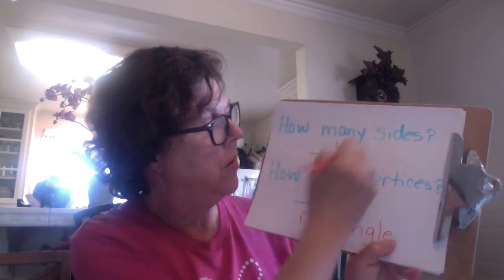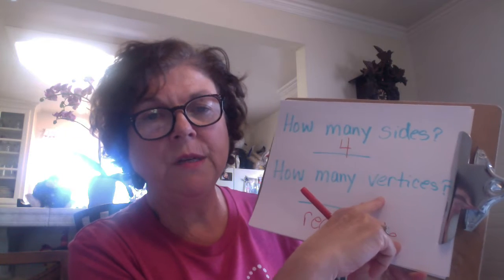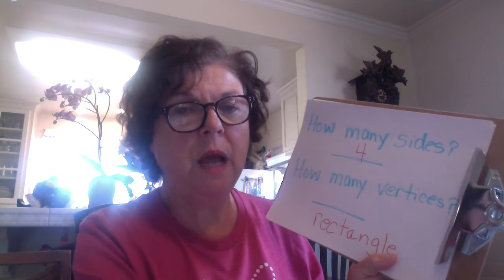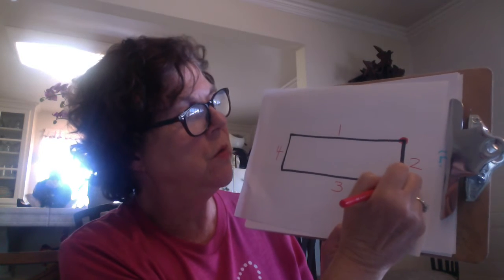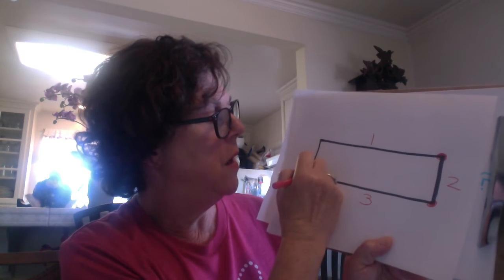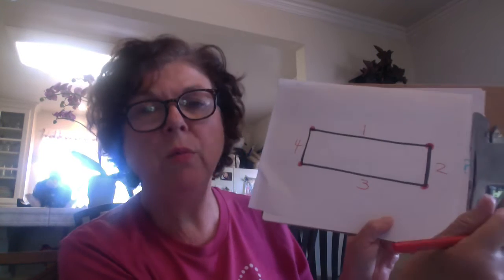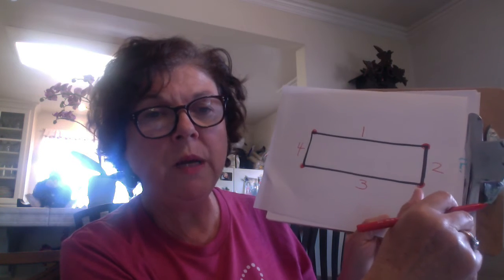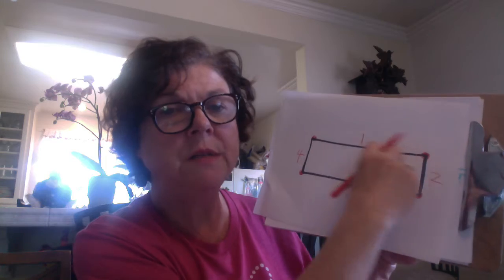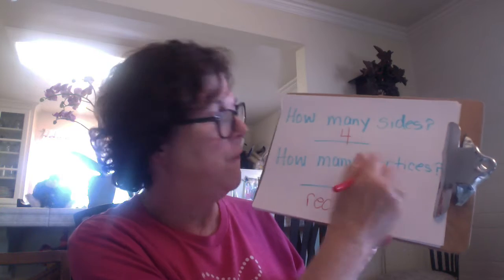I'm going to answer that question with a 4. How many sides? 4. How many vertices? Remember, vertices are the corners where the two lines meet. I'm going to put a little dot there. Ready? 1, 2, 3, 4. So a rectangle has 4 sides and 4 vertices. Remember, we know this is a rectangle because it has 2 long sides and 2 short sides. So how many vertices? 4.